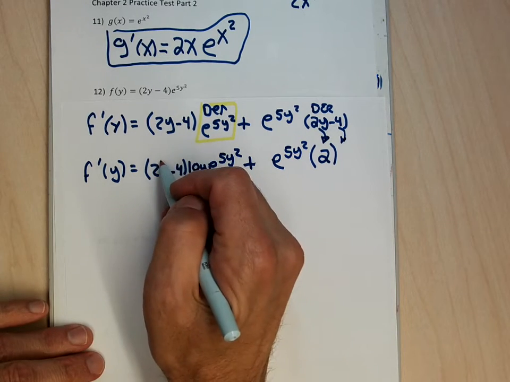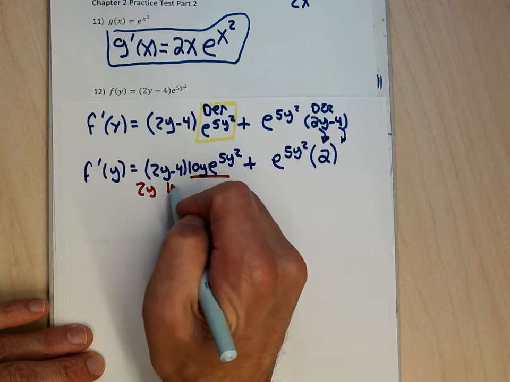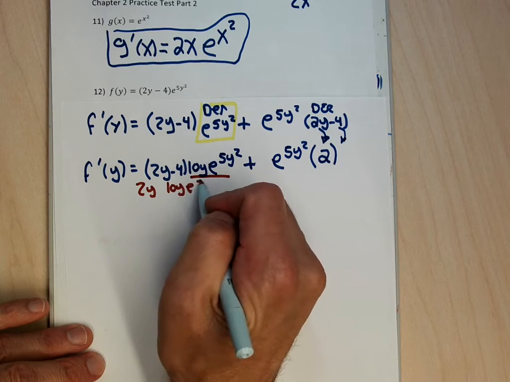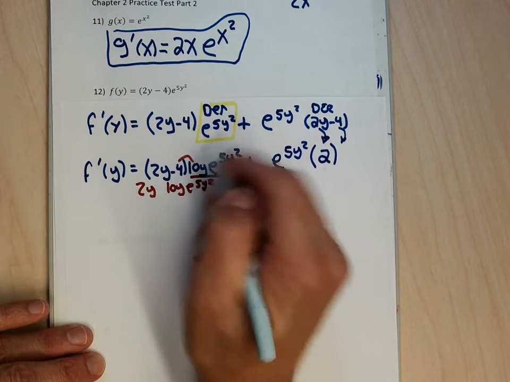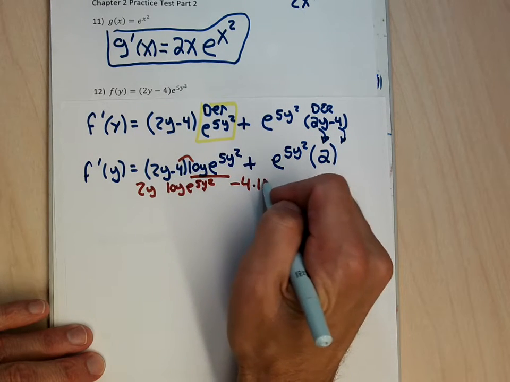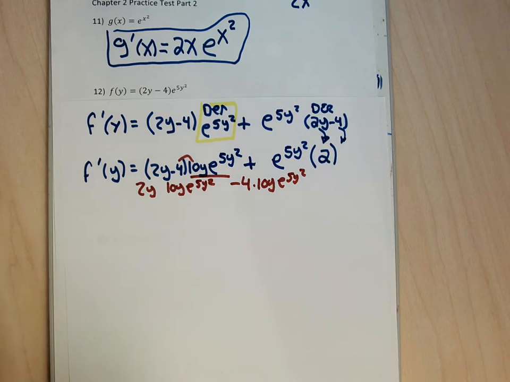I'm going to take this 2y and multiply it by the 10y e to the 5y squared. And I'm going to take the minus 4 and multiply it by that 10y e to the 5y squared to clear that parentheses.